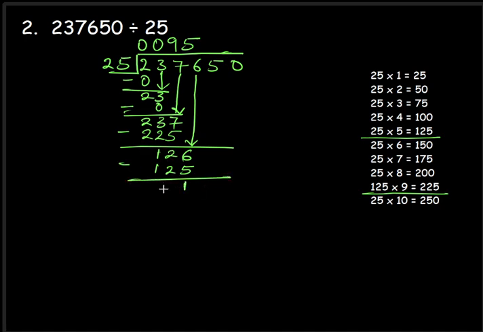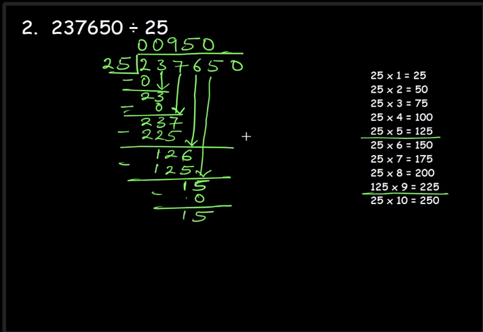What do we have? This will be 1, this is 0, 0, and then we bring down 5. What do we have? We have 15. 25 into 15, 25 is bigger than 15, so that will give us 0. 25 times 0 is 0. Subtract, what do we have?